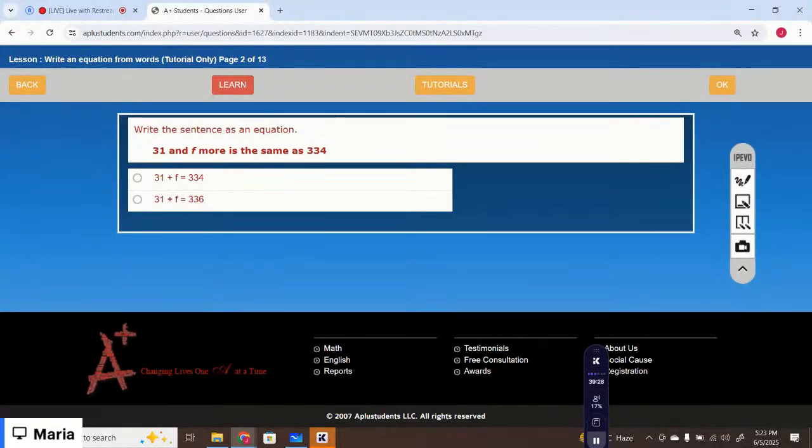Write the sentence as an equation. 31 and f more than 331.